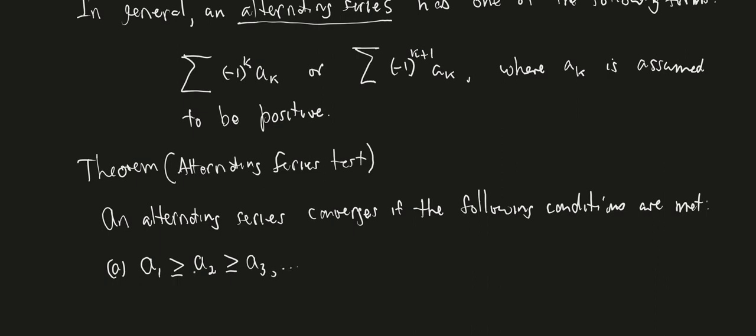That is, i.e., a sub k must be decreasing. So a sub k is a decreasing sequence of terms.